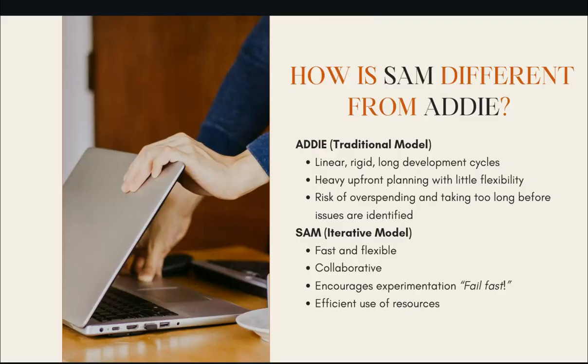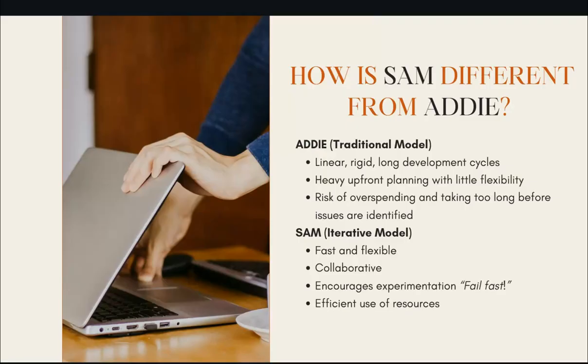There's this idea of failing fast that is encouraged with the SAM process, where you want to identify those errors and get to a point of failure as soon as possible so that you can make adjustments and improve the final product. And you're efficiently using resources. You're saving time and budget to avoid lengthy analysis paralysis, if you will, not getting too hung up on initial analysis and really just keeping the process moving.